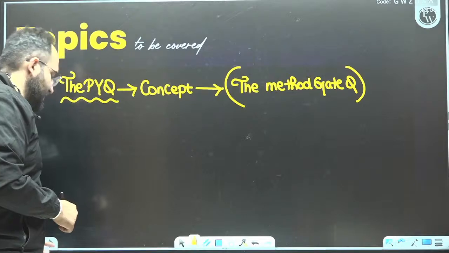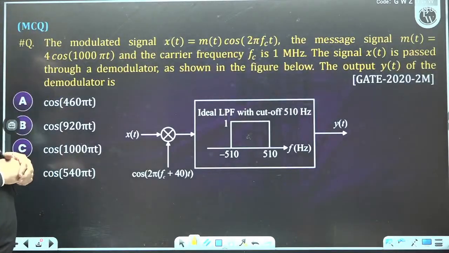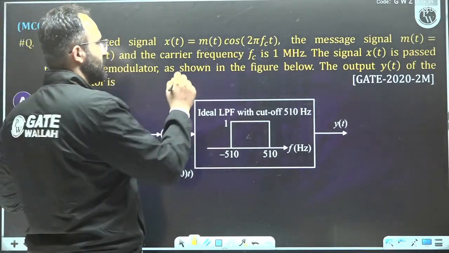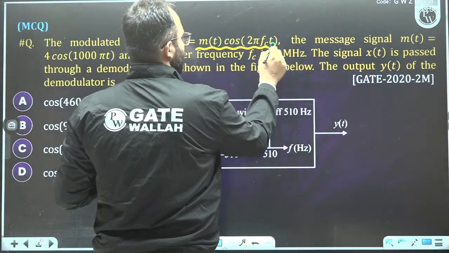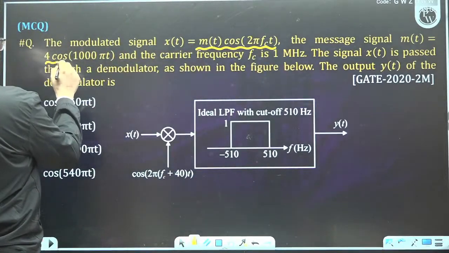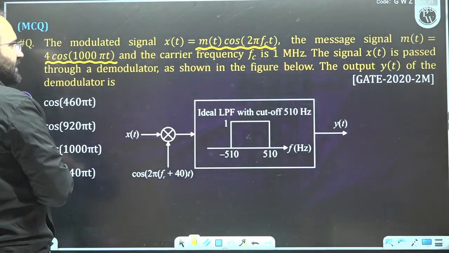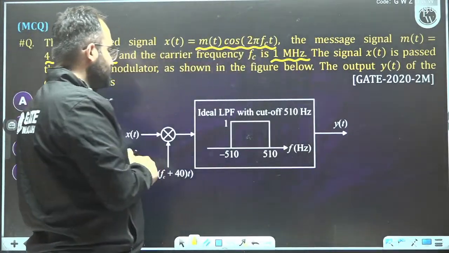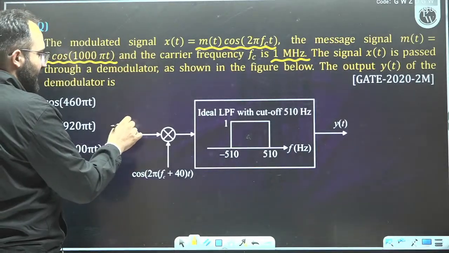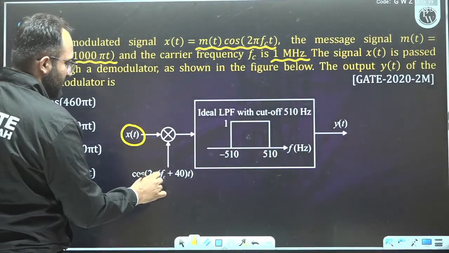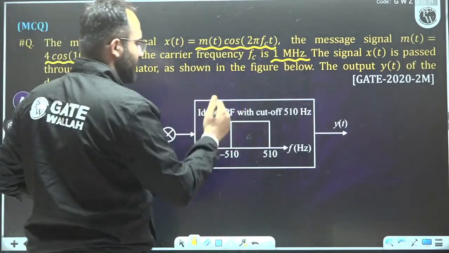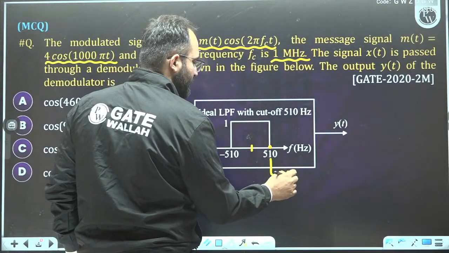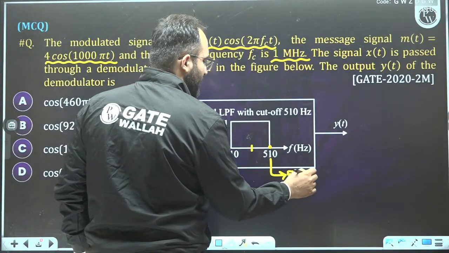So this is question number 1. This is the input. It is given that the modulated signal is m(t) cos(2π fc t), the message signal is 4 cos(1000πt), and the carrier frequency is 1 megahertz. We multiply x(t) with this signal, and we pass it to a low pass filter which has a cutoff frequency of 510 hertz. We have to find out what will be the output.